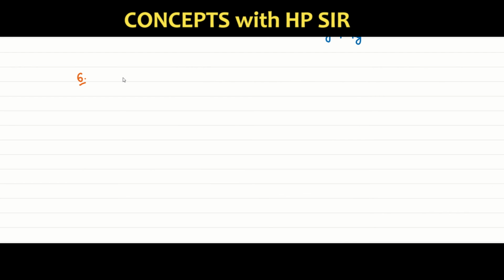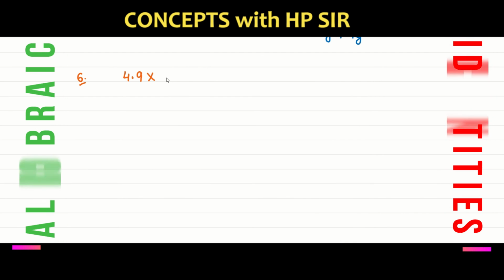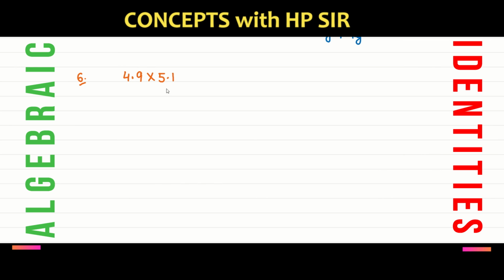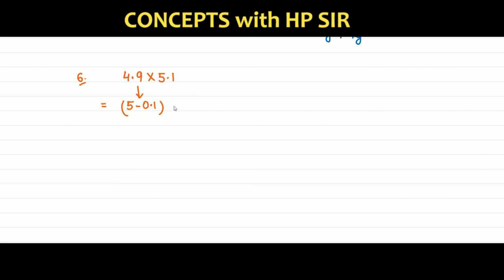Suppose the question is 4.9 multiplied by 5.1. There are two decimal numbers which you have to multiply. In this case we can write 4.9 as 5 minus 0.1, multiplied by 5 plus 0.1, which is how 5.1 can be written.